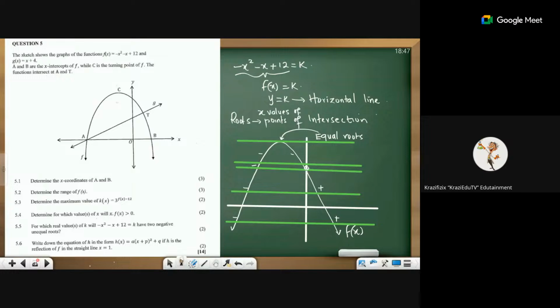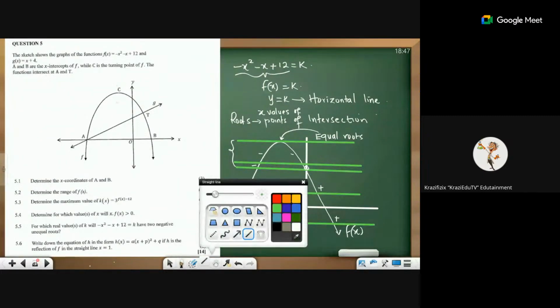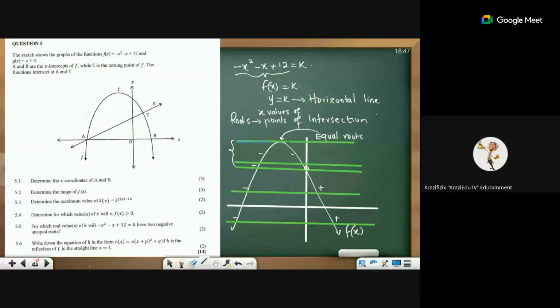I would only have two points of intersection between these two lines. Any line I draw between these two blue lines would give me what?